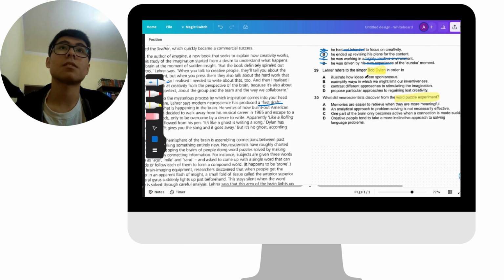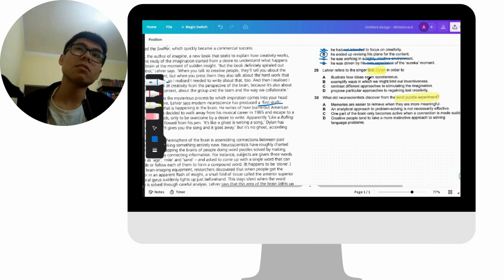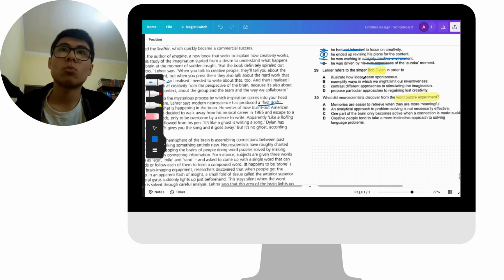Illustrates how ideas seem spontaneous might be. That's a good choice. Exemplify ways in which we might limit our inventiveness. Have they talked about limiting our inventiveness? No, right? There was nothing about limiting. Contrast different approaches to stimulating the imagination.